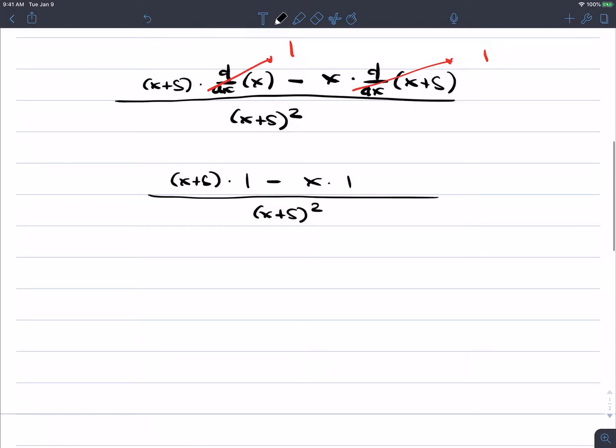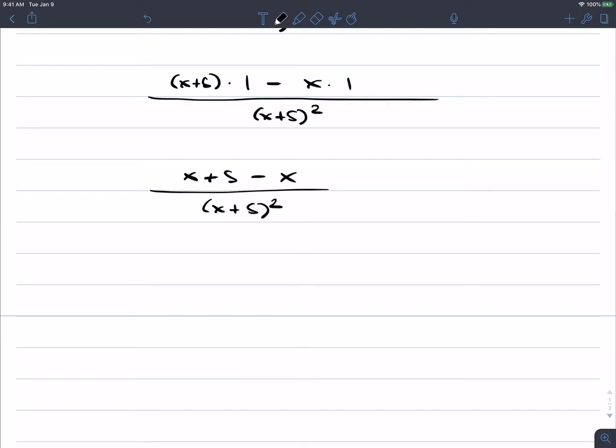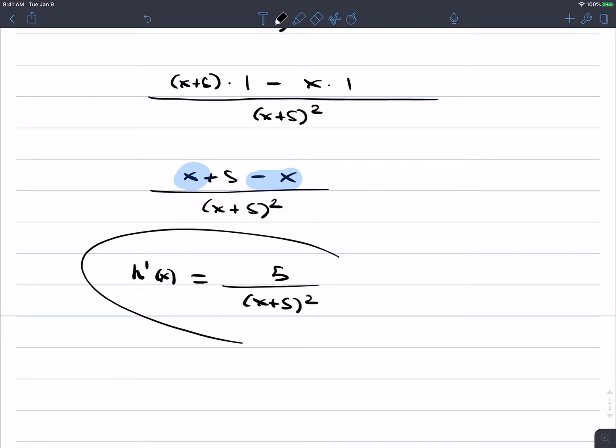And as we multiply, you get x plus 5 minus x, everything over x plus 5 squared. So when I combine my terms here with the x and the minus x going away, this function will become 5 over x plus 5 squared. And you're done.